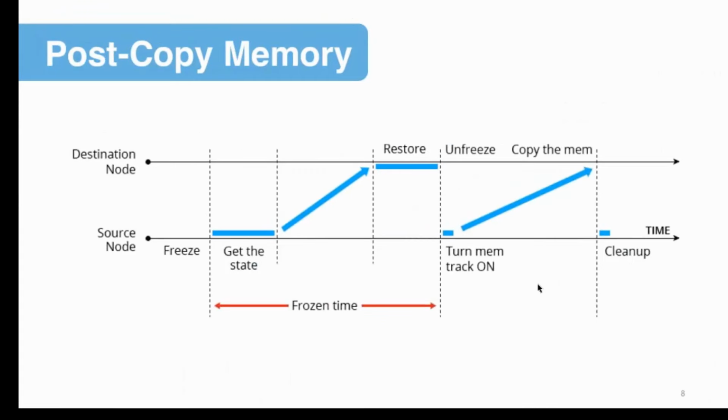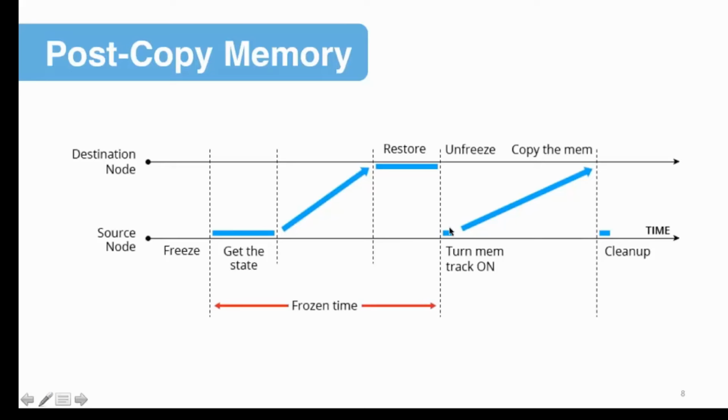Another solution is post-copy memory, or in other words, lazy live migration. How does it work? We freeze the container at the source node at the beginning, get the most fast-changing state, move it to the destination node, restore it, and unfreeze the container.